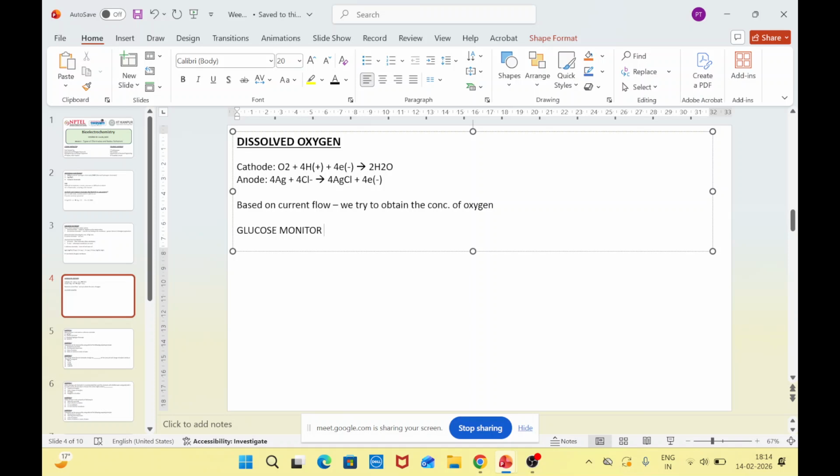Over the years, starting from invasive techniques, we have come to a stage where we can measure the concentration of glucose using human sweat and human breath. Those concepts are still not mature enough. There are still trials going on to understand how accurate these measurements are. But the basic fundamentals behind these glucose monitoring systems are the same.